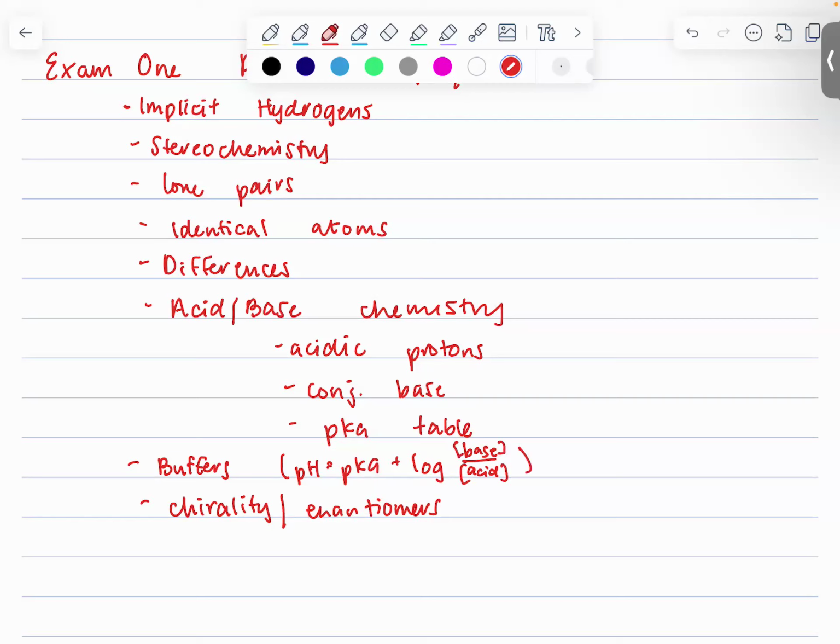This is the Henderson-Hasselbalch equation. He will give you this equation. And then this is the other one that you should know.